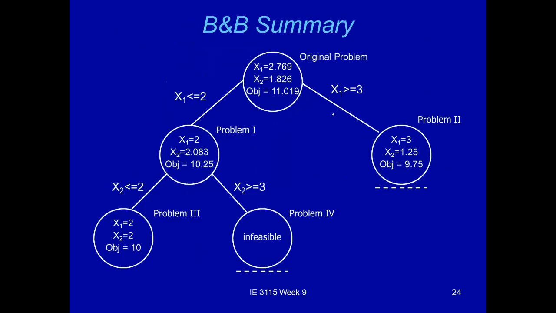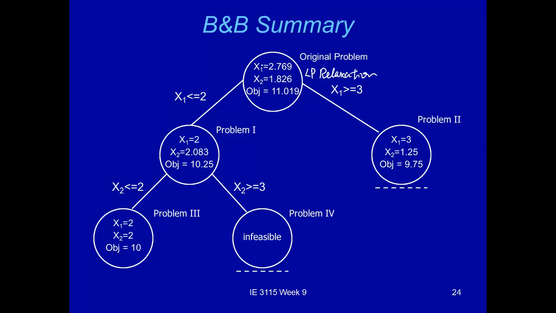So the summary is like this. I'll ask you to branch exactly the same problem a different way. In this specific example, we start from the original problem. We solve its LP relaxation. We solve for it.